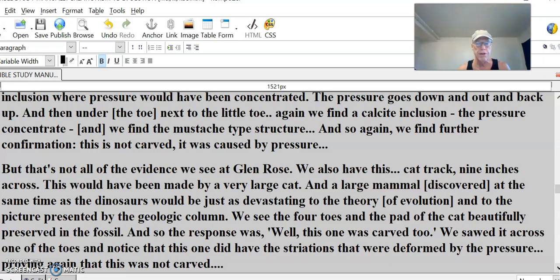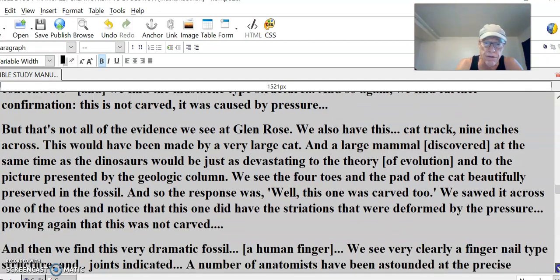They just don't appear at the right time if the geologic strata fiction is to hold up. We see the 4 toes and the pad of the cat beautifully preserved in the fossil. And so the response was, well, this one was carved too. We sawed across one of the toes and noticed that this one did have the striations that were deformed by the pressure, proving again that this was not carved.